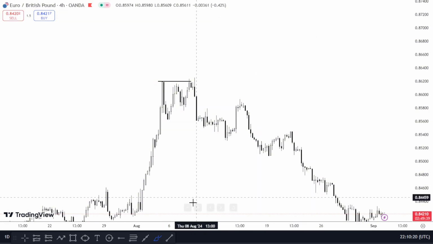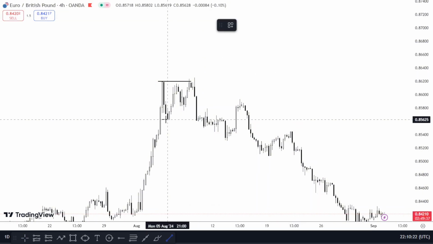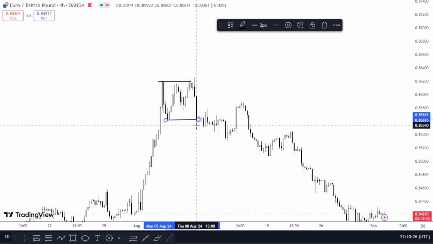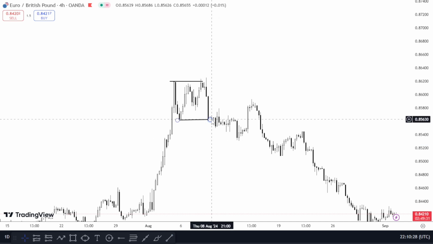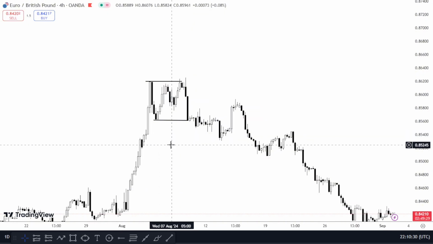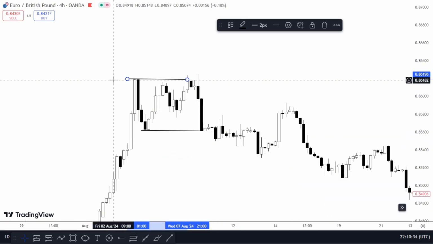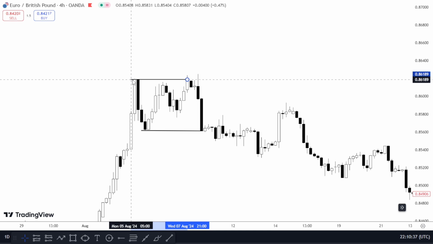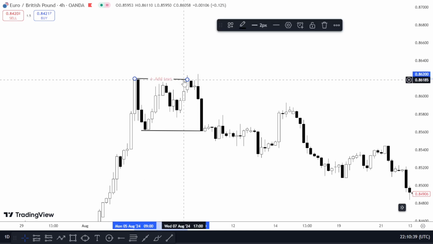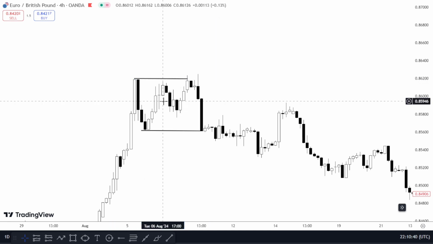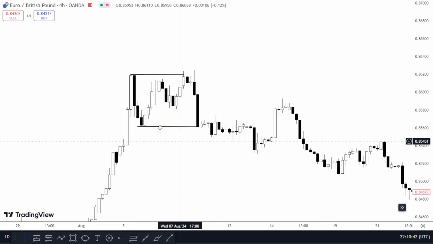Sorry, we have our break of structure, which you guys can clearly see. We have our break of structure right here. So right here we have our sweep of liquidity, and then we have our break of structure right here.